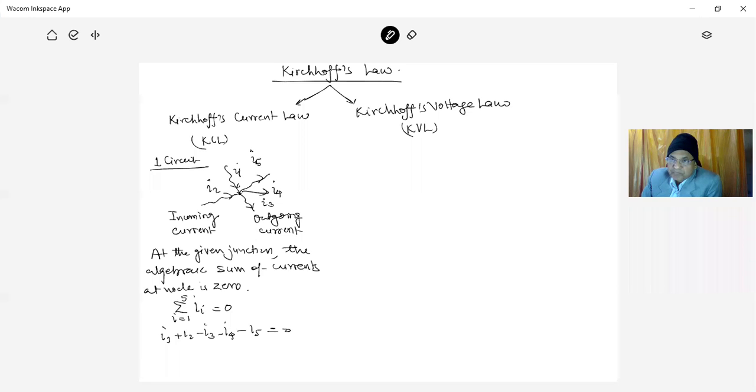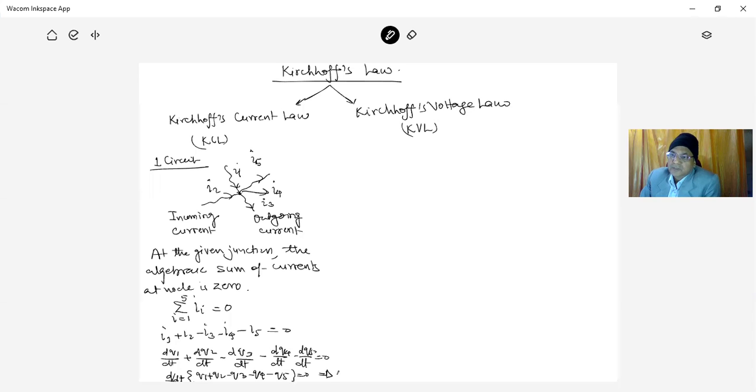So this is dq1 by dt plus dq2 by dt minus dq3 by dt minus dq4 by dt minus dq5 by dt is equal to 0. So we can have d by dt of q1 plus q2 minus q3 minus q4 minus q5 is equal to 0.